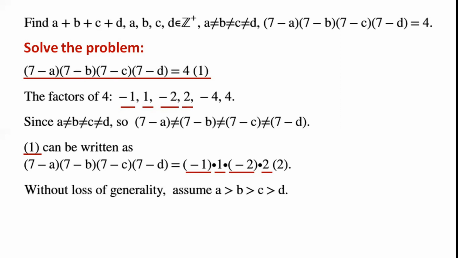Without loss of generality, assume a > b > c > d. So 7 − a < 7 − b < 7 − c < 7 − d.